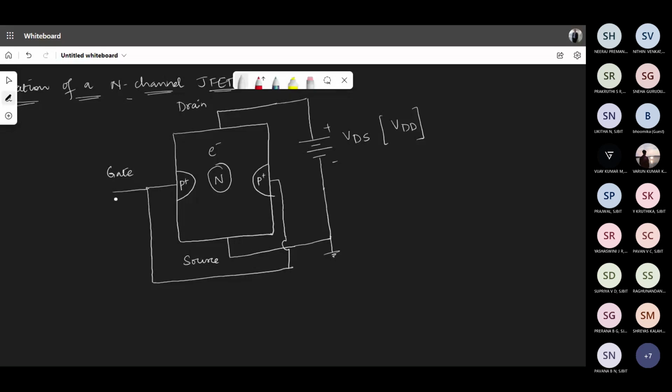So let us for the time being understand what happens when the gate voltage is not present. This VGS, which is also called VGG, if that voltage is 0 volts, what will happen? Remember, there is an electron current coming out. When a certain voltage, let us say plus 10 volts, is applied here, electrons will start moving in this direction. So the current is in this direction, and remember that this current is because of the electrons.